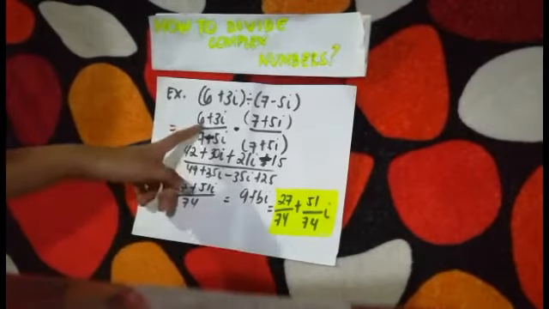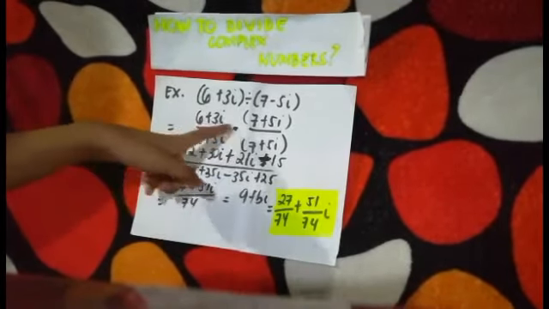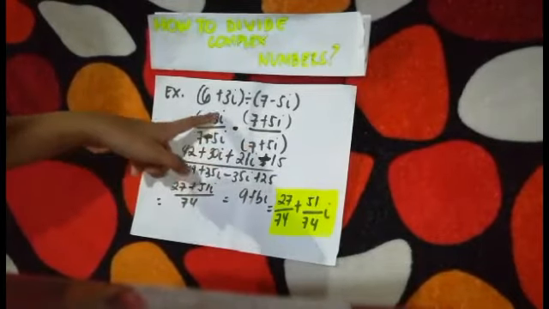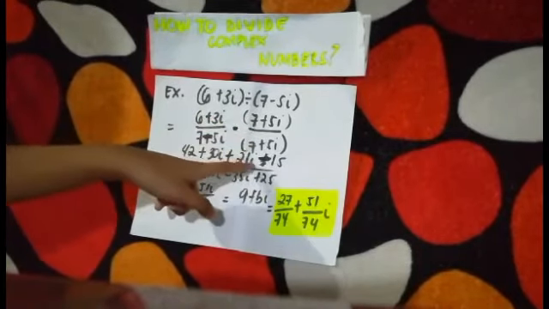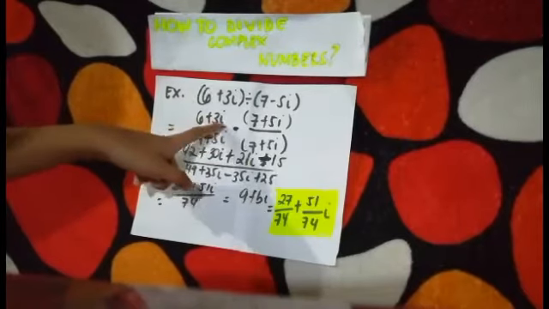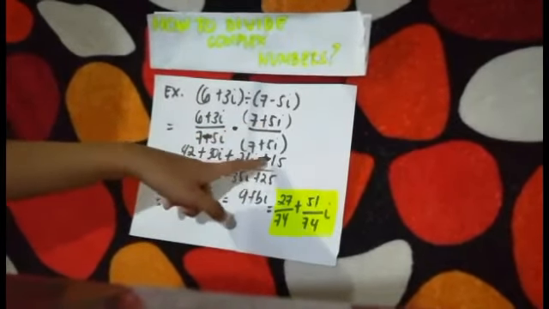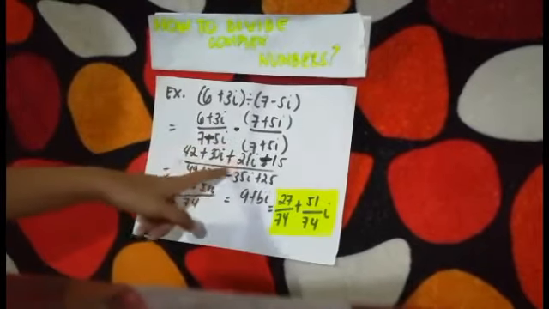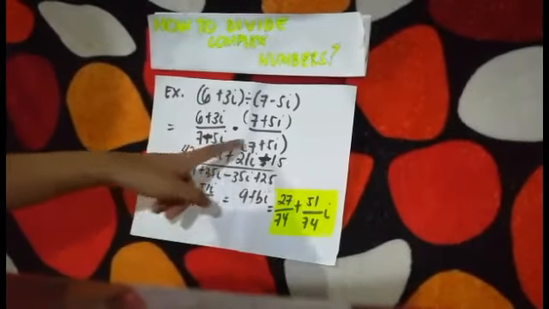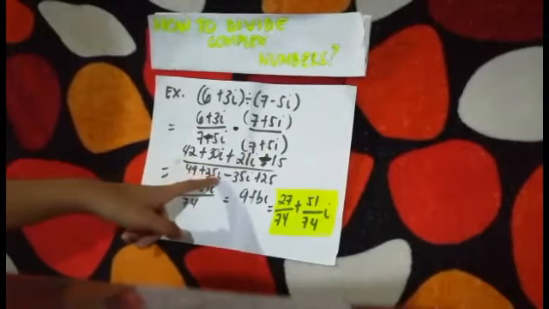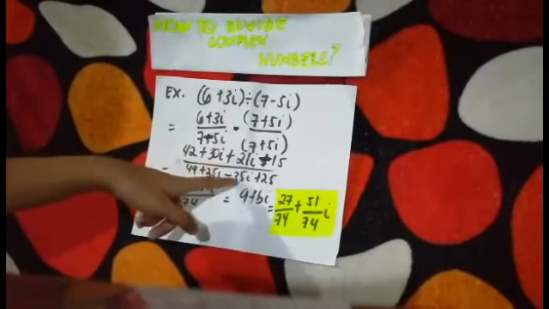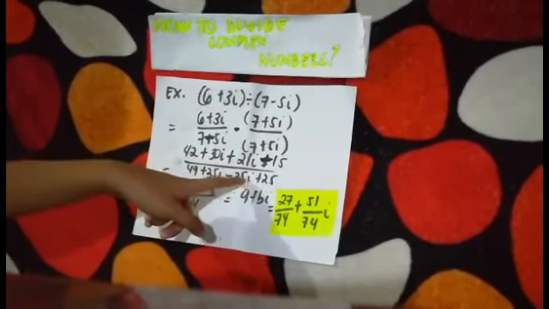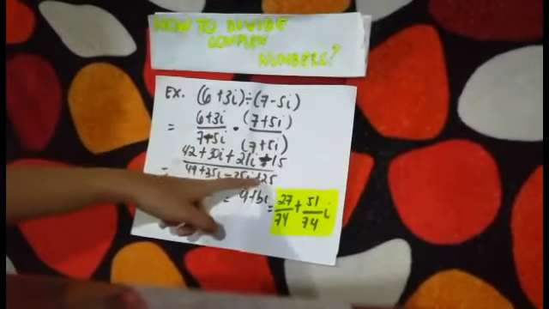Then 6 times 7 is 42, 6 times 5i is 30i, 3i times 7 is 21i, then 3i times 5i equals negative 15. So 7 times 7, 49, 7 times 5i is 35i, negative 5i times 7 is negative 35i, negative 5i times 5i is positive 25.